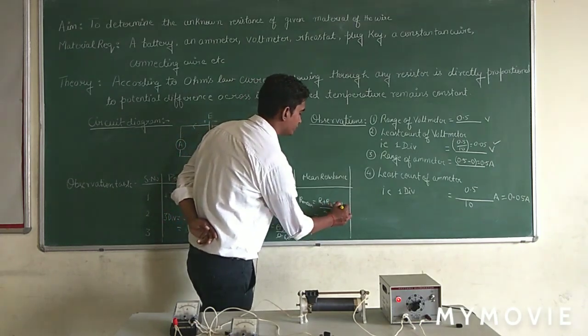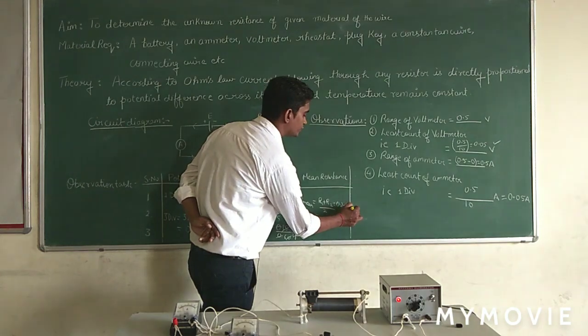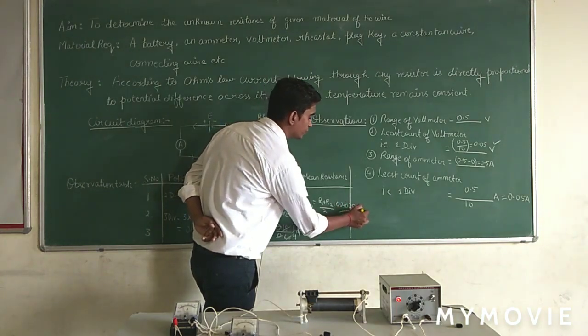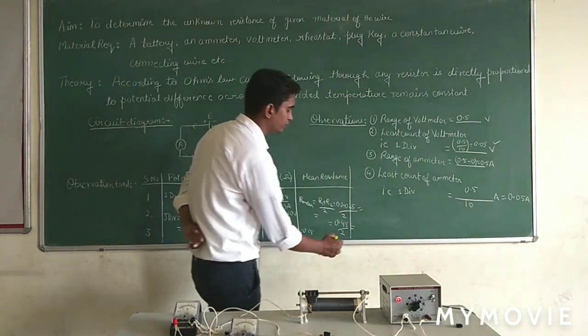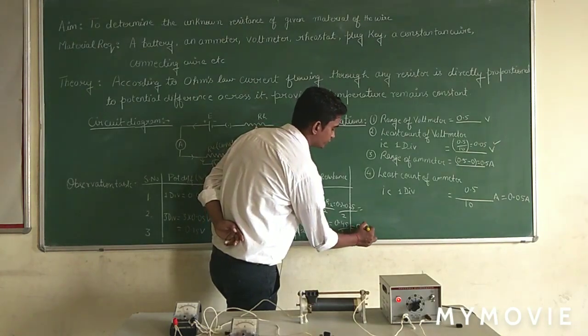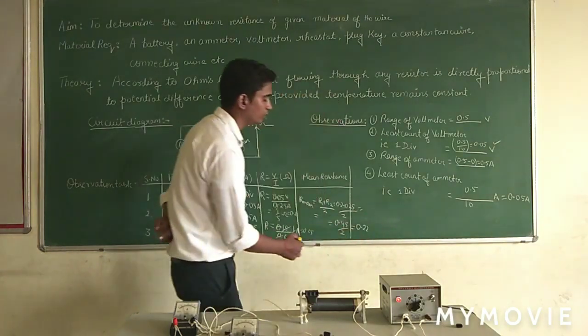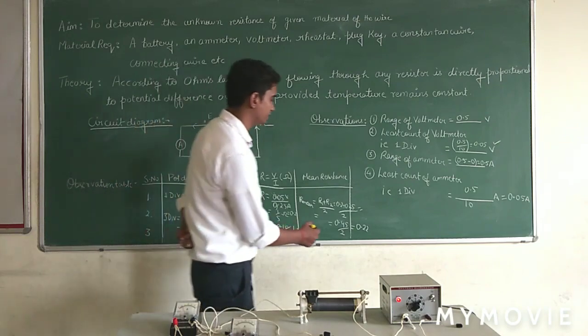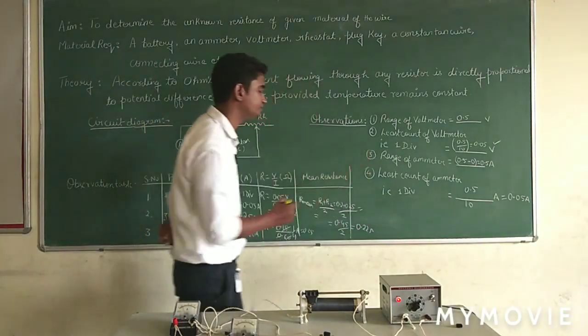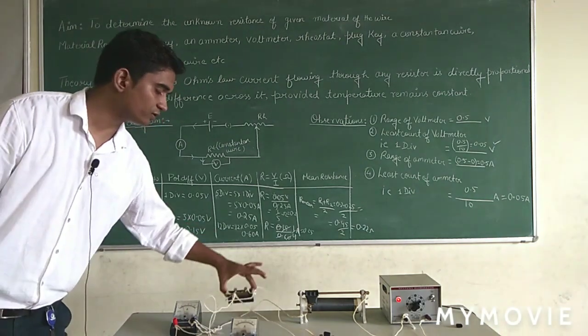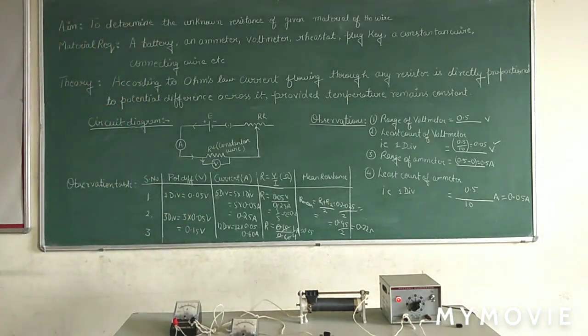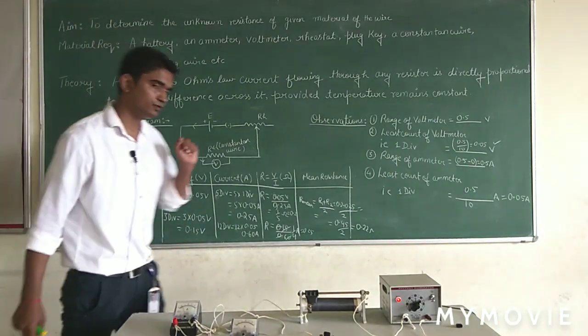So 0.2 plus 0.25 divided by 2 is equal to 0.45 divided by 2, which is approximately 0.22 ohms. So it is the resistance of this piece of wire. Now we can verify with the help of a graph also.